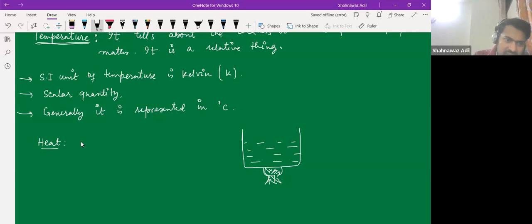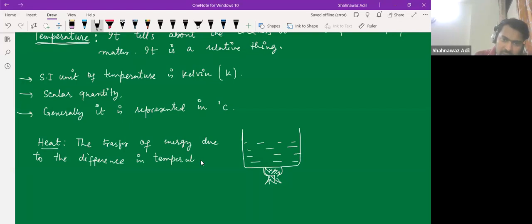Heat is the change in energy, or it is also called the transfer of energy due to the difference in temperature. This is what we call heat energy, right?